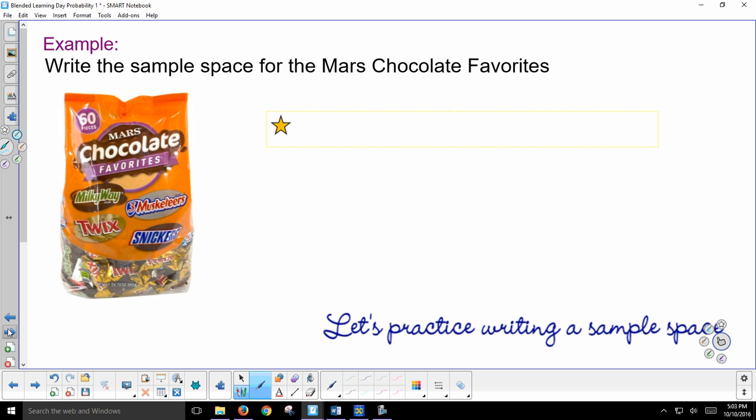Well, this is what that's going to look like. Just in the bracket notation, you're going to write the different candies that are possible outcomes, things that you could pull from that bag. Milky Way, Twix, Three Musketeers, and Snickers. Those are the only possible things to pull from that bag. That is the complete sample space.